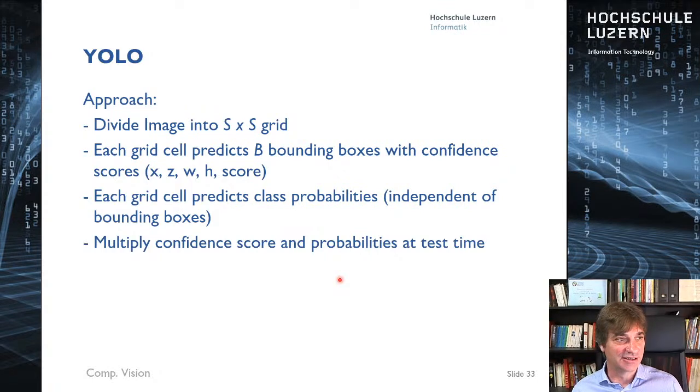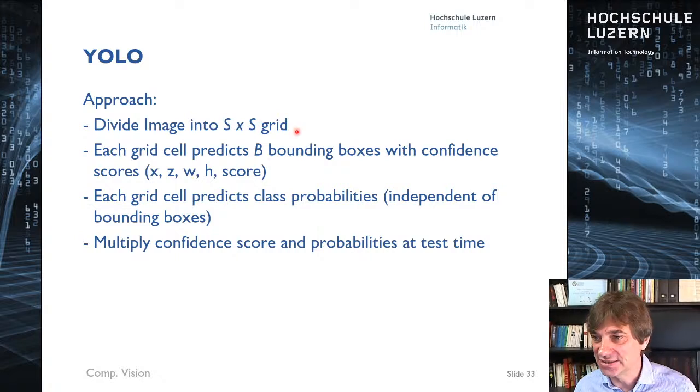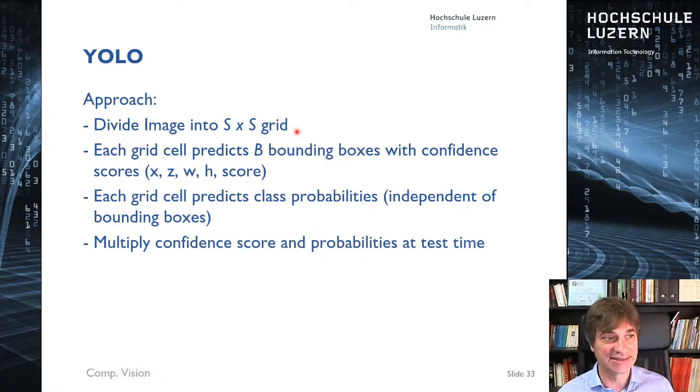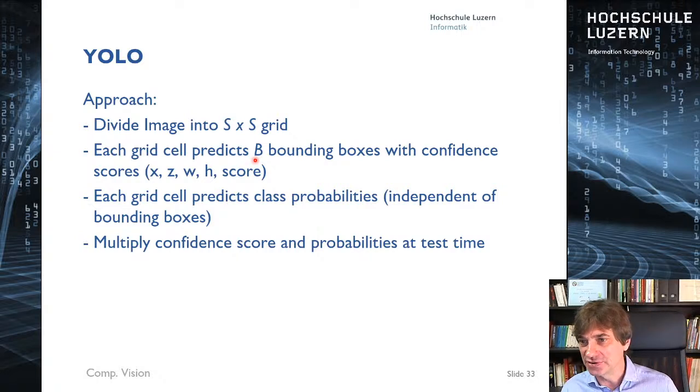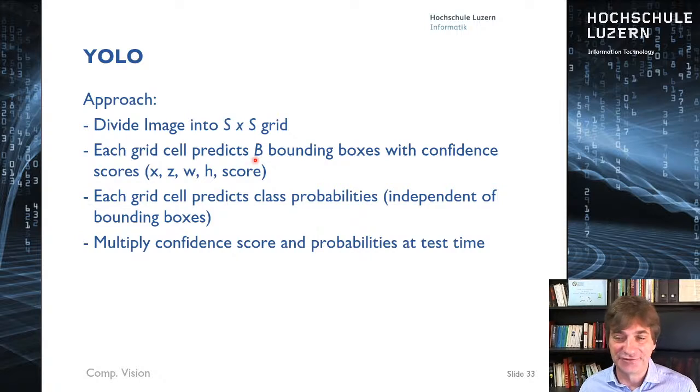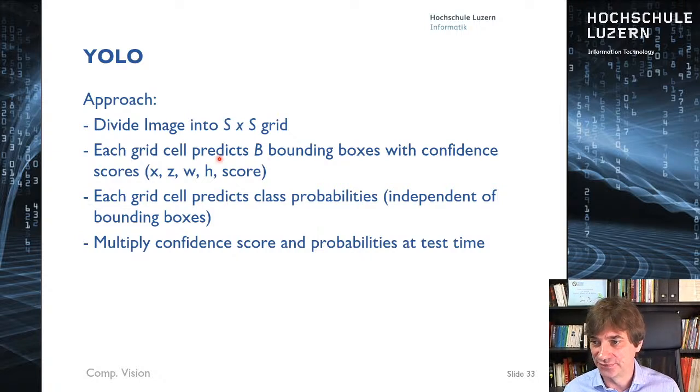So what is the idea behind the YOLO approach? First, you divide the image into an S by S grid, and S is given. So you have to select some grid size. And each grid cell can predict a number of bounding boxes, which is also fixed. So the bounding boxes will have some width and height, and be centered at that grid cell.